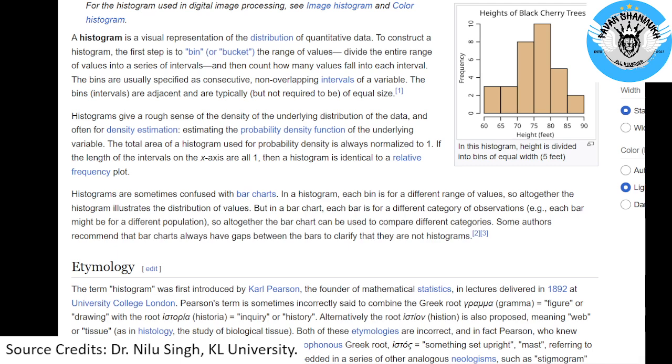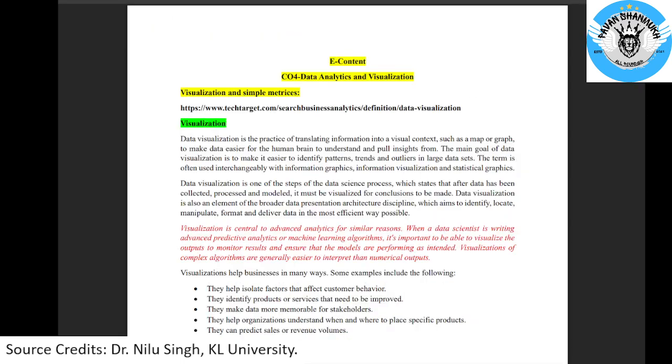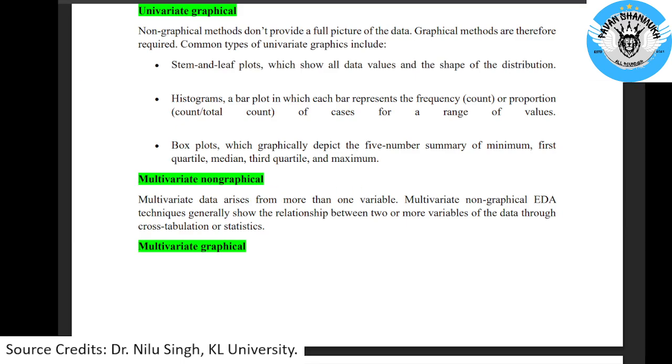Okay. Box plots and other things, you might go deeper into regarding the analysis of the data. So stem and leaf plots, what do they show? They show all the data values and the shape of the distribution. A histogram is basically a bar plot in which each bar represents the frequency of cases in a range of values.